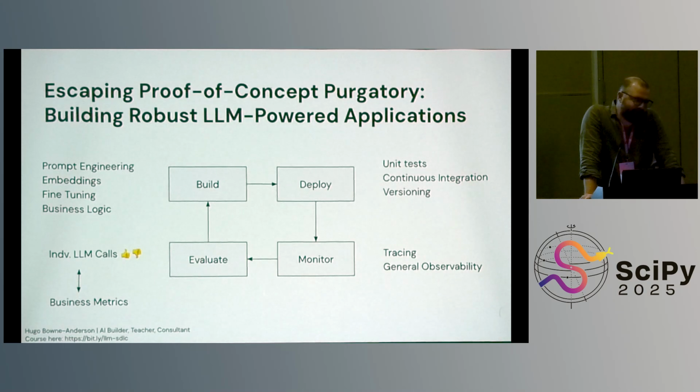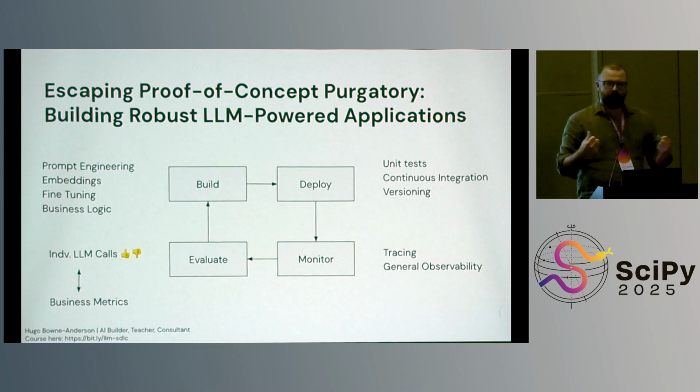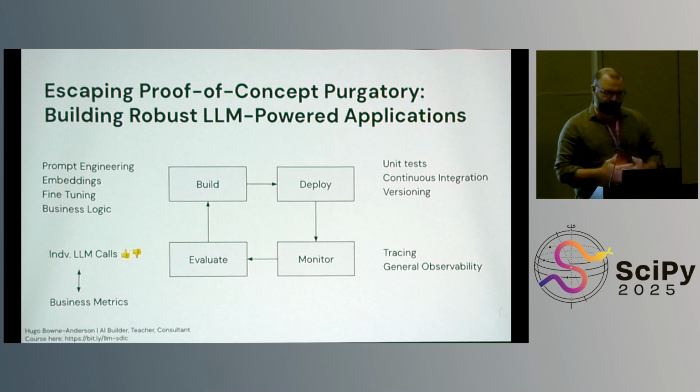If you attended my tutorial yesterday, a lot of this you will have already heard, but I hope we can have a wonderful conversation about it afterwards. I want to talk about escaping what we call proof of concept purgatory, and how to start really building more robust, reliable, consistent software that incorporates LLMs and generative AI.